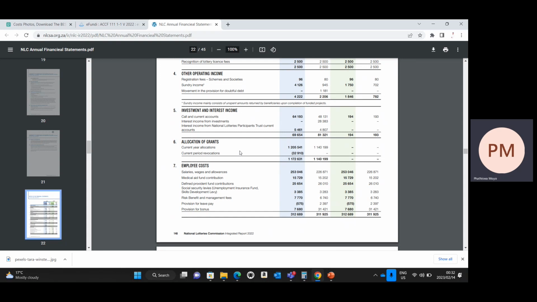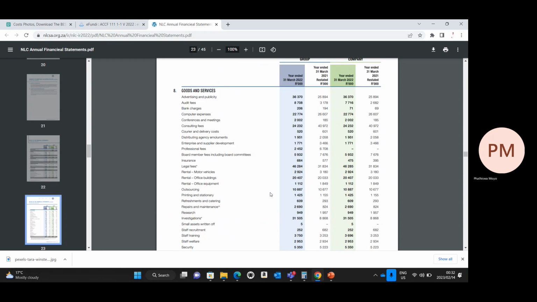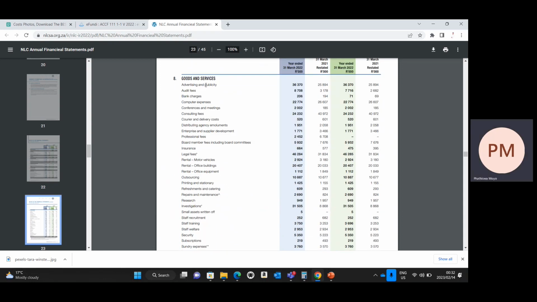And then there's employee costs. Under employee costs, you've got your salaries, wages, medical aid. They've broken it down nicely for you guys. Risk benefits, management fees, provision for leave pay, provision for bonuses. Goods and services: they put in advertising or marketing. That's why I said that list is not exhaustive.